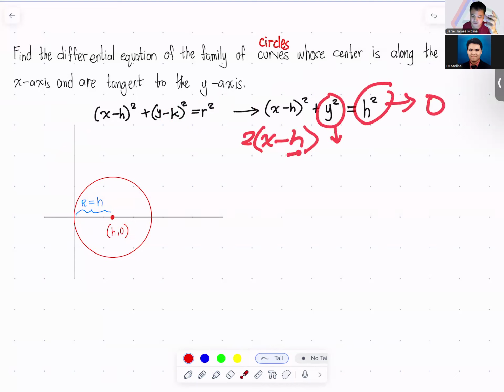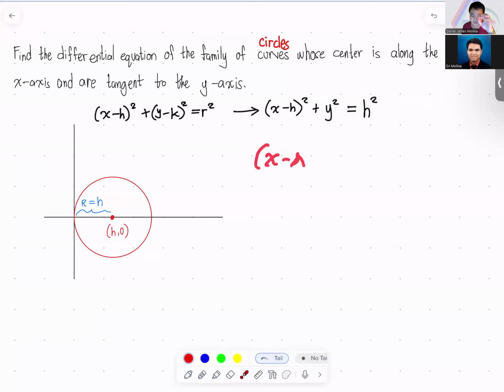As you may notice, we have not eliminated the arbitrary constant at that point, right? We cannot simply solve for x - h on the next step and then substitute it here, because we have a squared term. It leads us to a more difficult process.